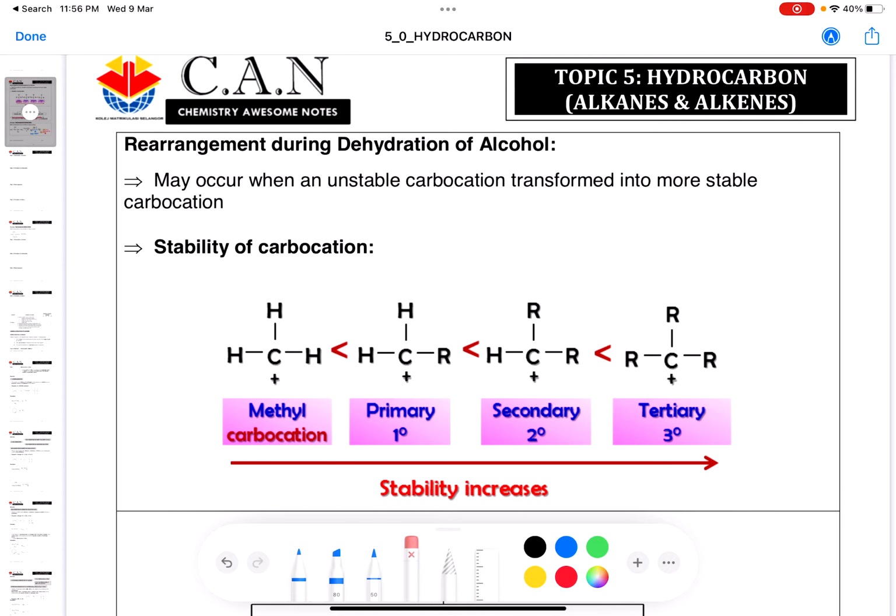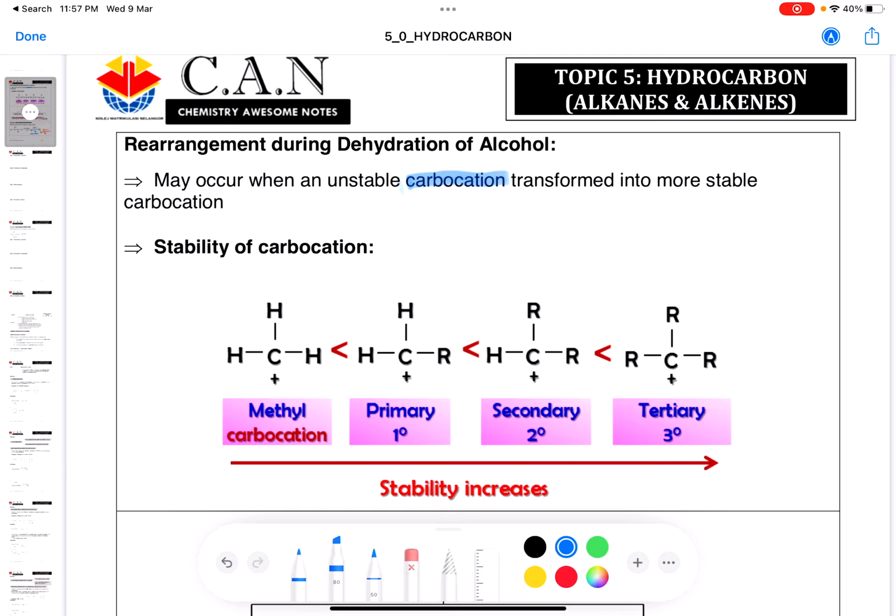So why rearrangement? If you remember, in the mechanism of dehydration of alcohol, carbocation is produced as an intermediate. Perhaps you might get a primary or secondary carbocation.